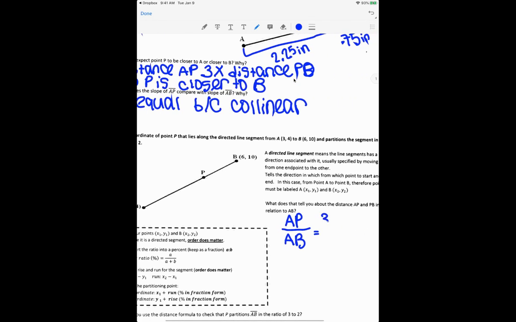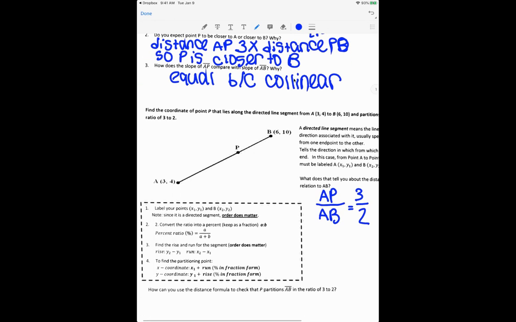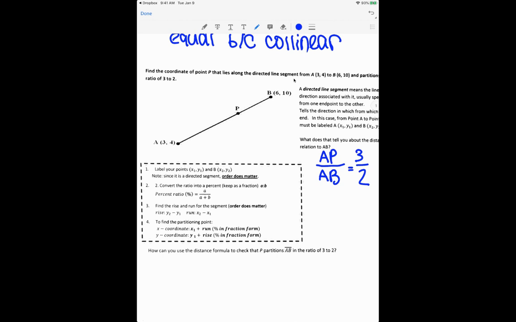So it's in a 3:2 ratio. So the distance of AP over the distance of AB would have to be 3/2 if you reduced it. Okay? So then what we're going to do is we're going to go through and actually solve this.